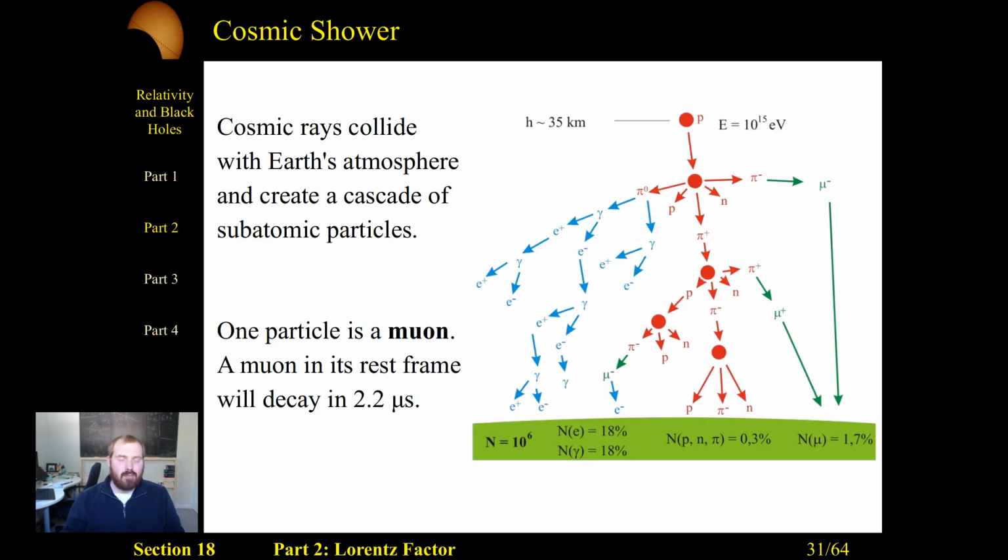So let's talk about an idea called a cosmic shower. And here's the principle, right? A cosmic ray comes in and hits Earth's atmosphere. Earth's atmosphere is just a collection of a bunch of atoms, high up there, flying around rapidly.